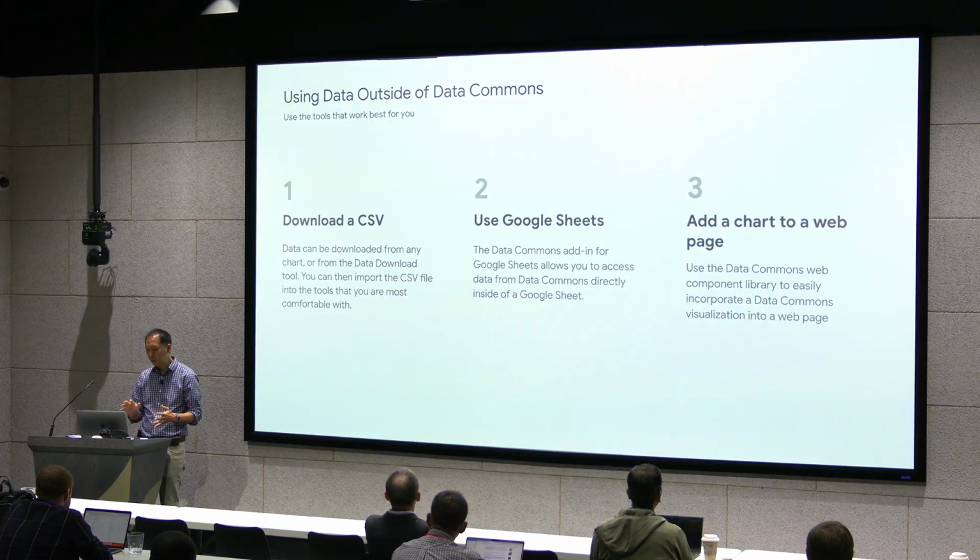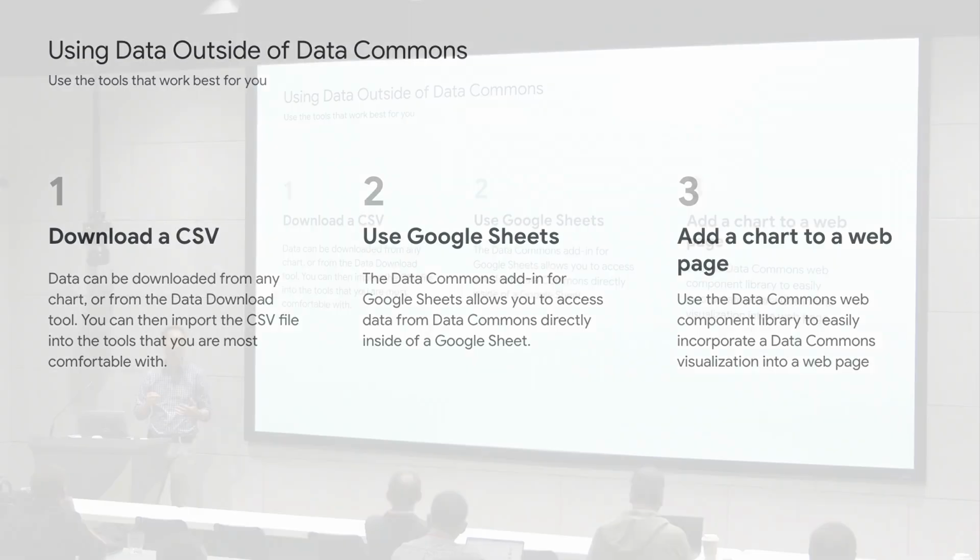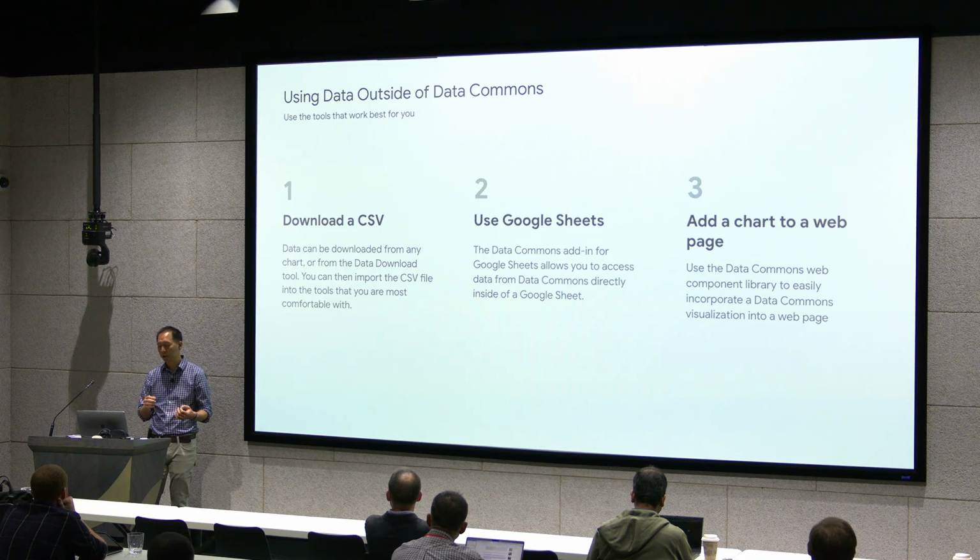There are 3 ways that I'm going to talk about today that you can do that. The first way is just downloading the data as a CSV file. And I think that gives you the biggest flexibility in terms of being able to use that data in other tools. But there are other types of integrations as well.